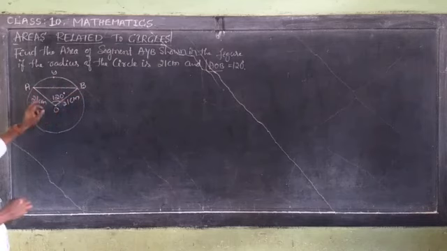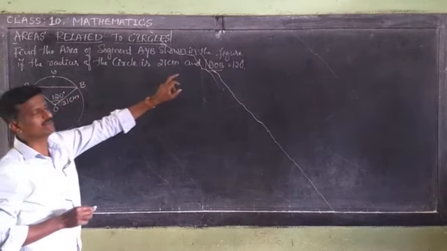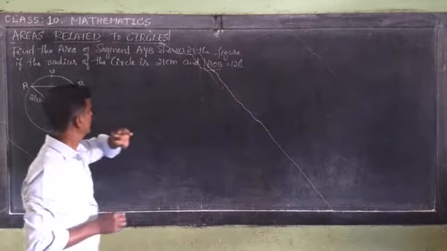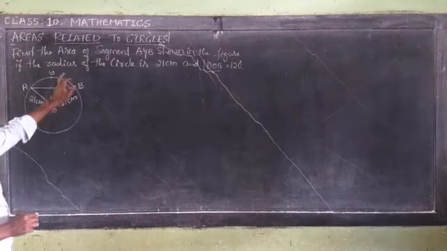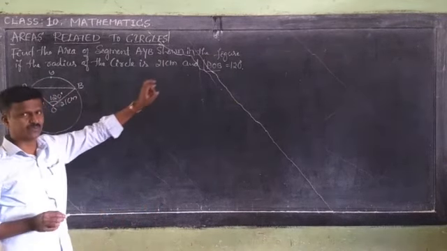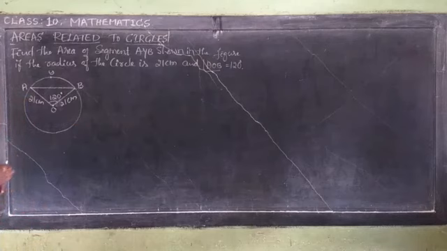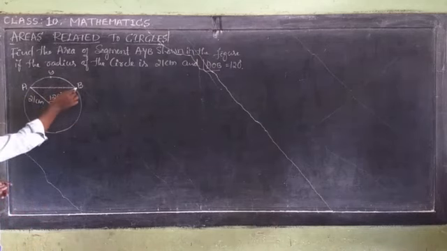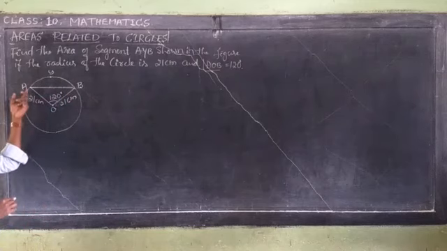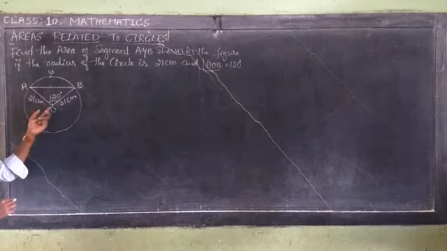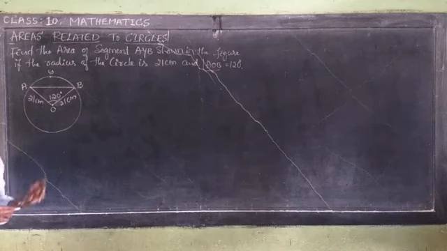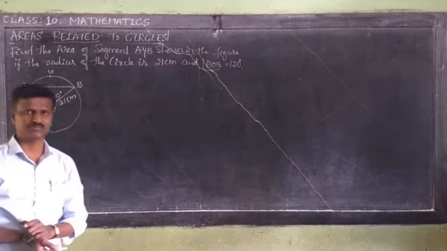Here the angle AOB is 120 degree. This is given. And the radius of the circle is 21 centimeter. Here AB is a chord, AO is the radius and OB is the radius. AO is given as 21 centimeter.